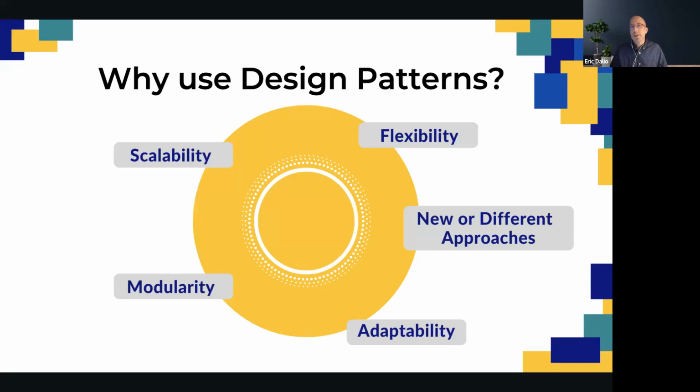So why use design patterns? Here we see interrelated concerns that are very common to software designers and engineers, right? Scalability, flexibility, new or different approaches, adaptability, modularity, all things that are thought about. If we're building something for our current situation, that doesn't always prepare us for tomorrow's realities.